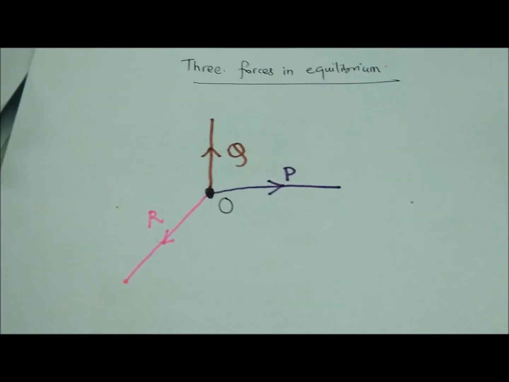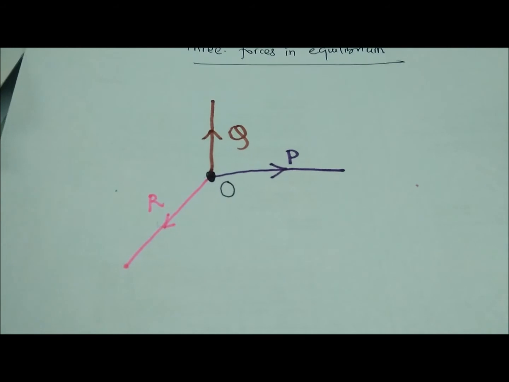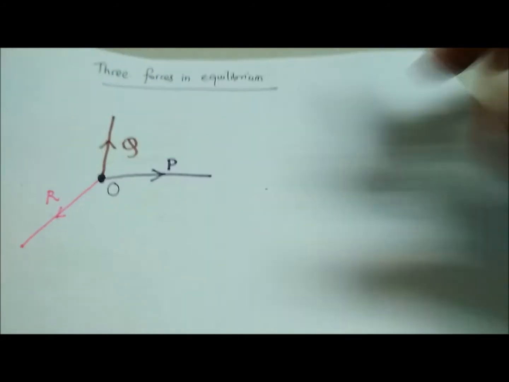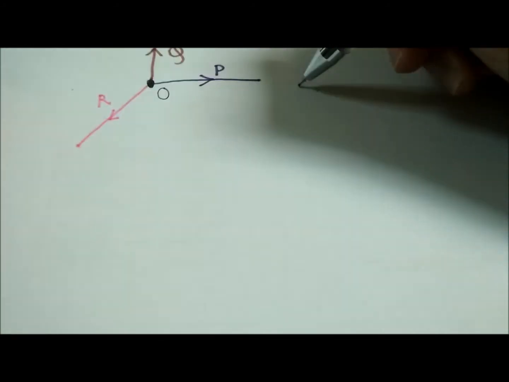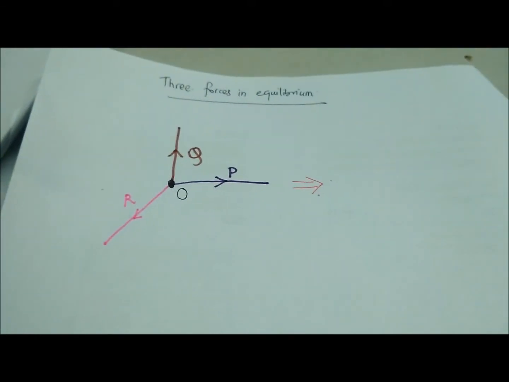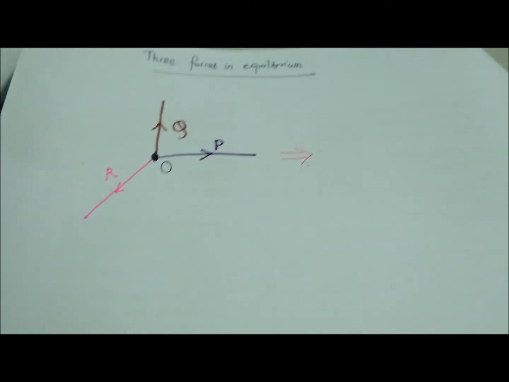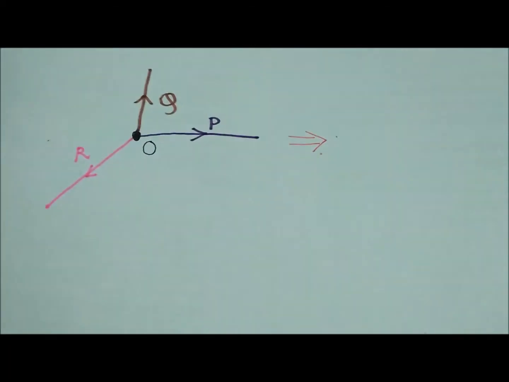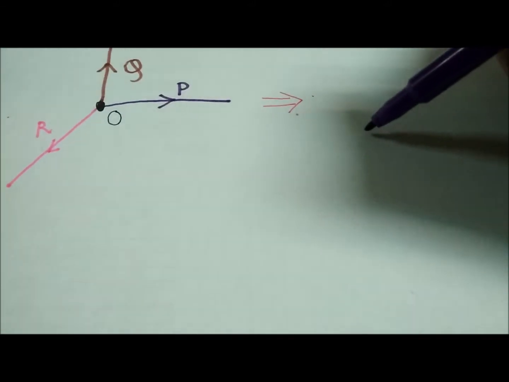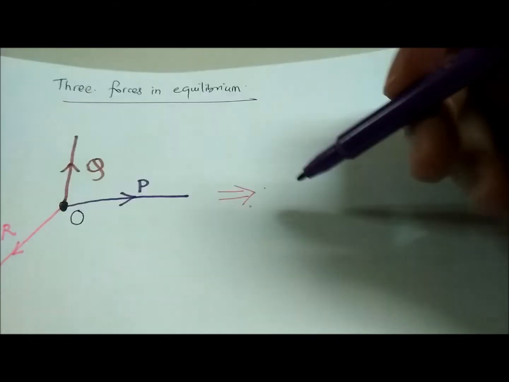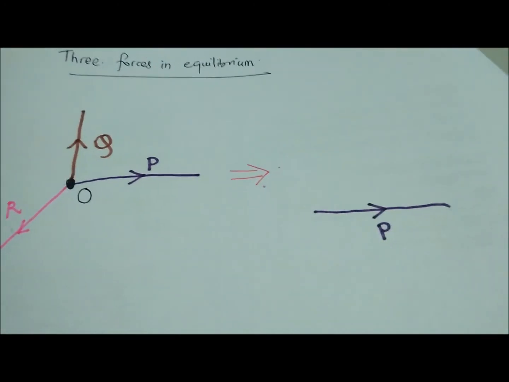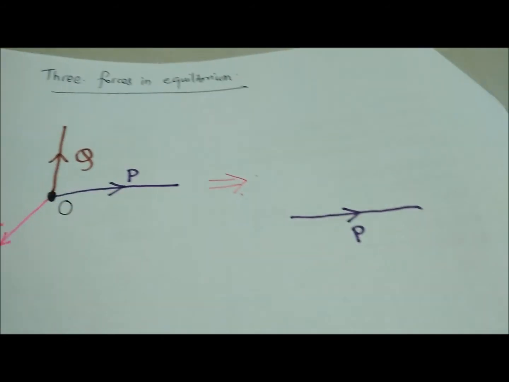The method we can use to find out whether these forces are in equilibrium or not is to form a closed triangle. Now let's combine all these three forces together to form a closed triangle. Let's start with force P. Next, let's do force Q.